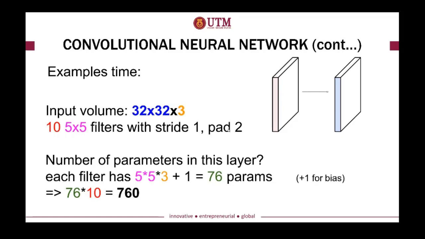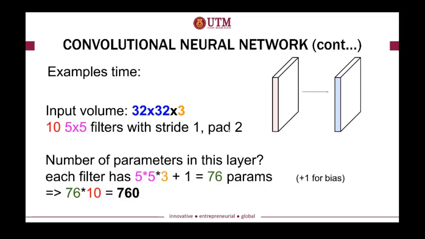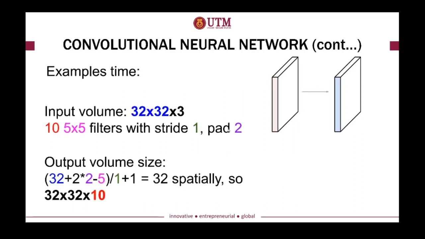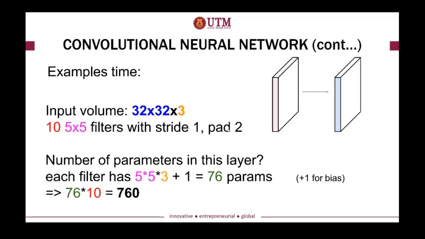Okay, it's 10 times 10. That is the volume size, or the matrix size, of the output image. And then how do we calculate the number of parameters in this layer?